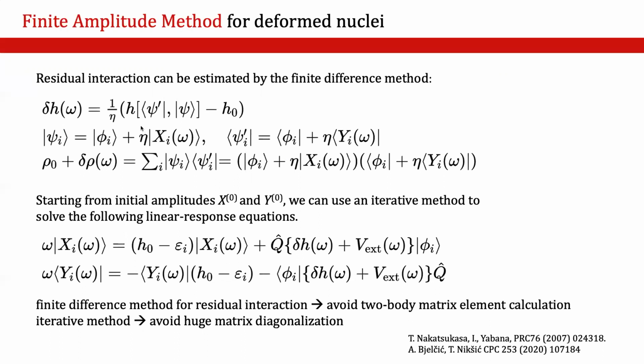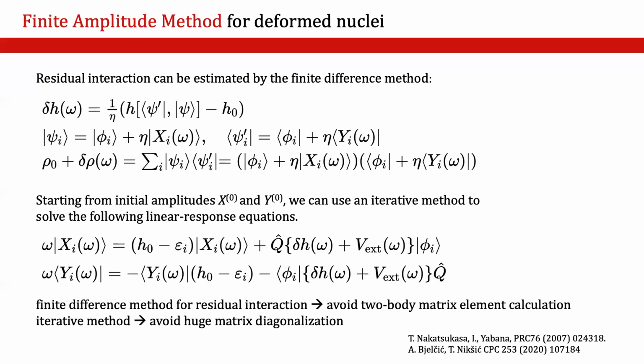From the definition of density functional theory, the residual interaction is a derivative of the Hamiltonian. We can directly do the numerical derivation from the Hamiltonian and insert a small variation on the wave function. In this way, we can solve the QRPA problem iteratively, not by directly diagonalizing the QRPA matrix. It will significantly speed up the calculation.